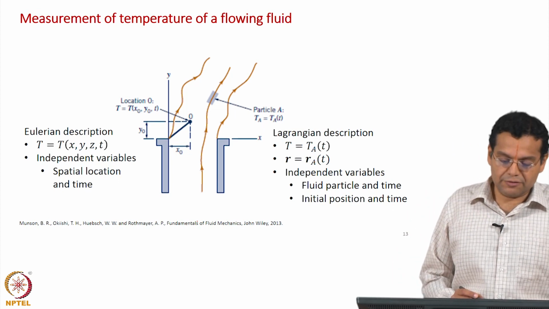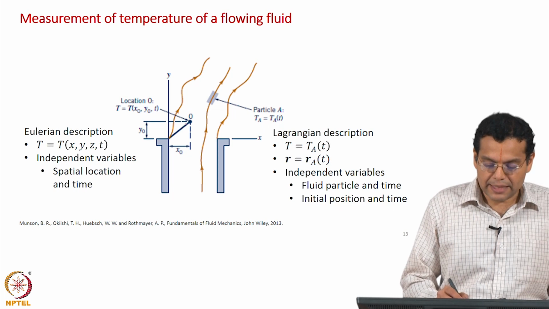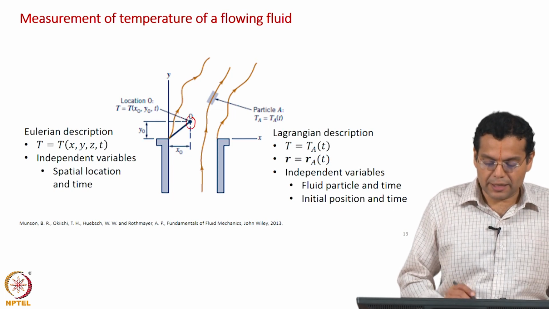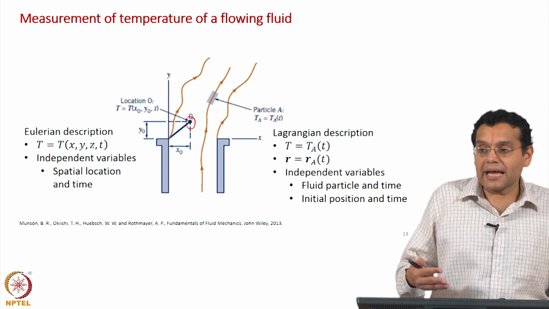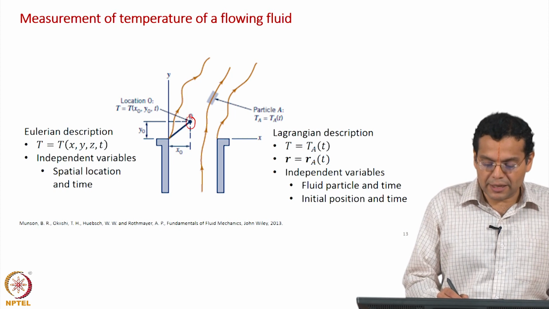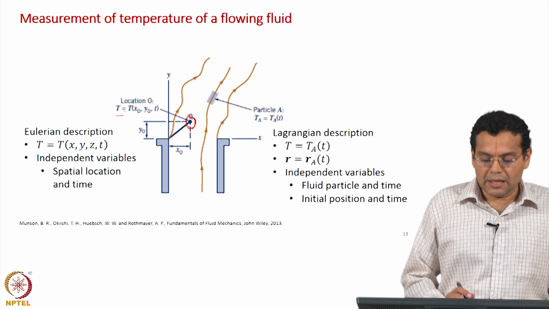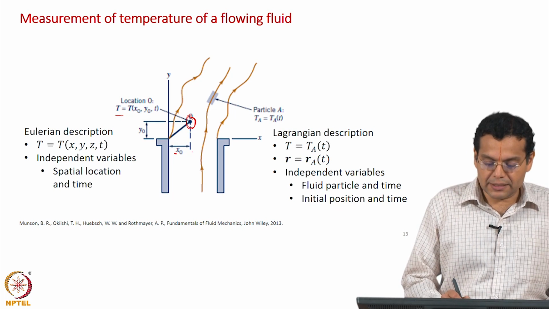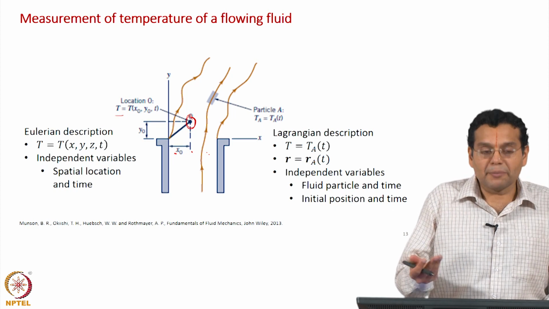Two different ways. First one, I will take a temperature sensor and place it at a particular location. Let us say that because of flue gas, the temperature can fluctuate, can vary as a function of time. So, at this particular location I measure the temperature as a function of time. Likewise, I keep a temperature sensor, let us say a thermocouple, since a simple thermometer may not be applicable.